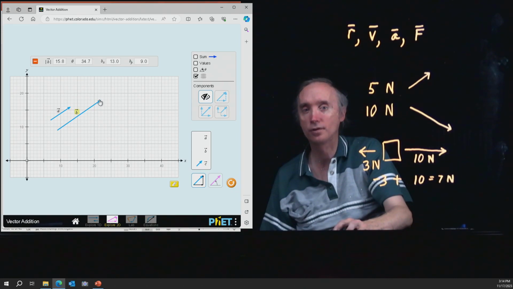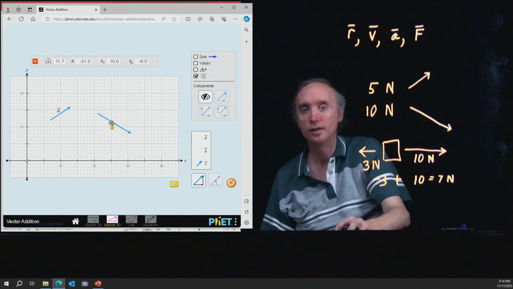Alright, and then I'm going to grab it and pull it down so that it's, is that close enough? Close enough. Alright, so what I want you to do is we're going to click on Sum. Up here, there's a box that says Sum, and that's going to add the 2 arrows together for me.